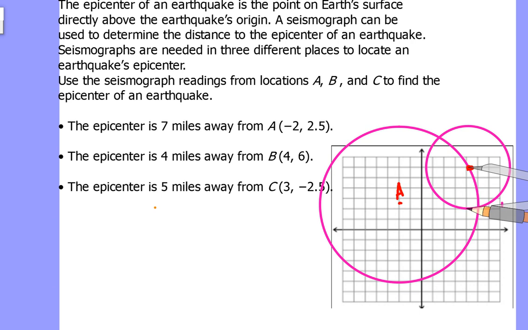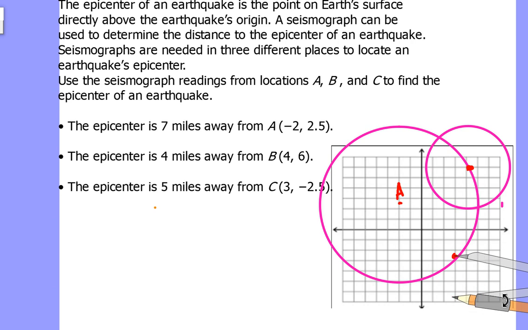Last but not least, we want to find one last one at +3 and -2.5. So 1, 2, 3, and 2.5, right about there. This had a radius of 5.